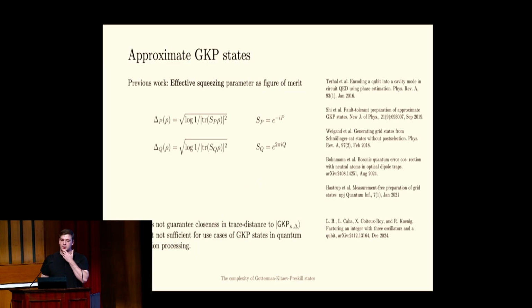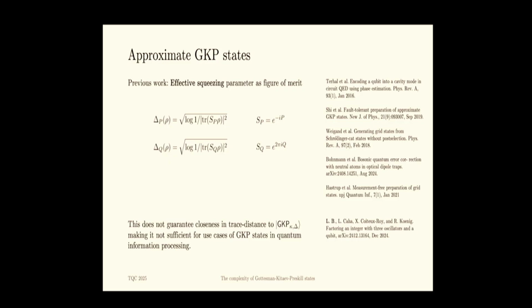Let me say that these GKP states are of high interest in several use cases, mainly in the realm of error correction. So there's been quite some previous work on their preparation. In the literature, the figure of merit that has been considered so far were these effective squeezing parameters, which measure how well these stabilization properties, so this shift invariance by SP and SQ, are satisfied. Importantly, a small effective squeezing parameter does not guarantee closeness in trace distance.